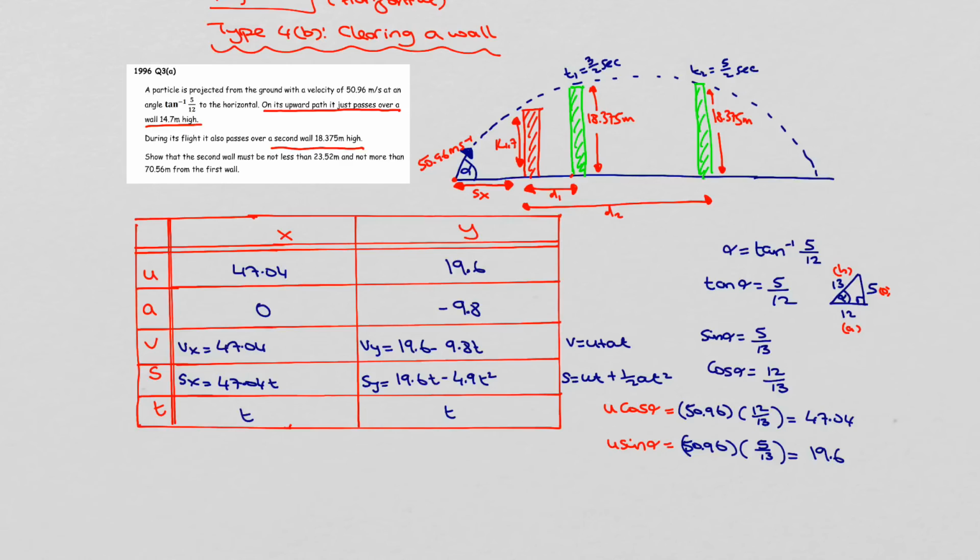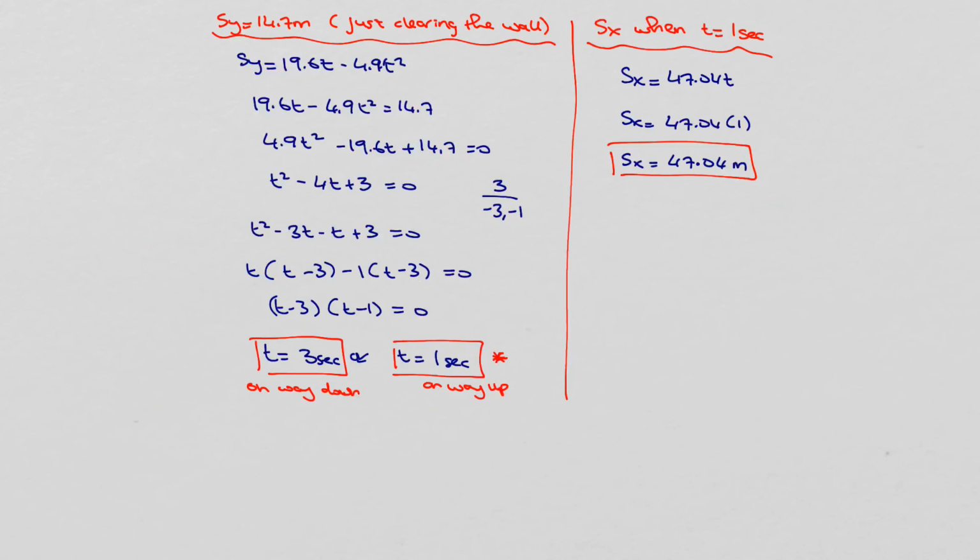So therefore, what we can see now is that if I sub in the time t1, I'm going to get the distance from the starting position to the first position of the green wall, and from the starting position to the second position of the green wall. And then by subtracting S of x from each of those values, that will give me the distance between the red and the green wall for both positions. Okay, so let's see that then.